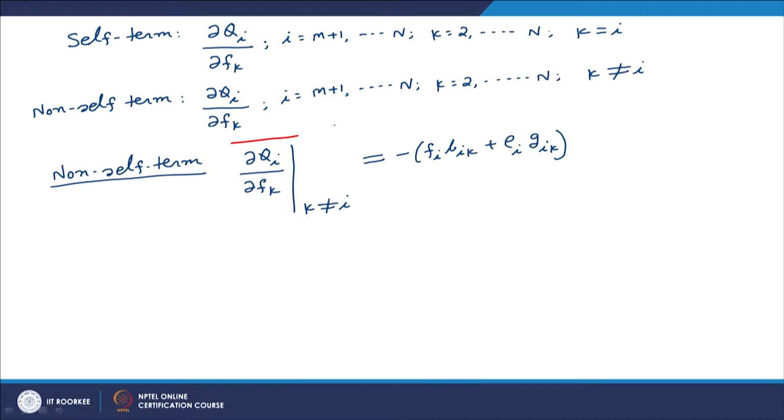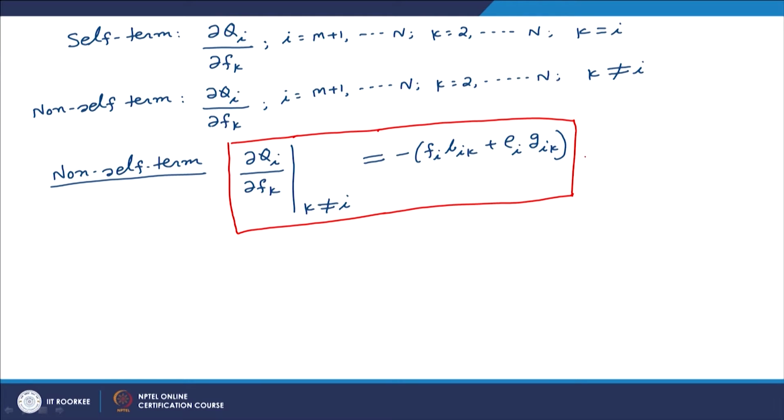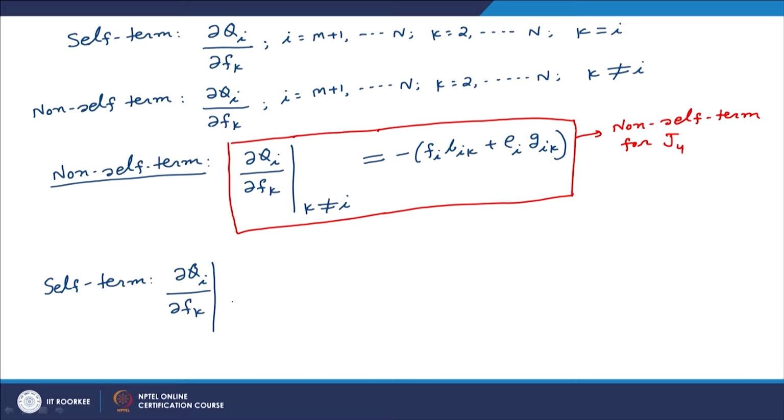So, we write it. This is the non-self term for matrix 4. Then the last one is the self term. The self term is del Q i by del F k with the condition that k is equal to i.